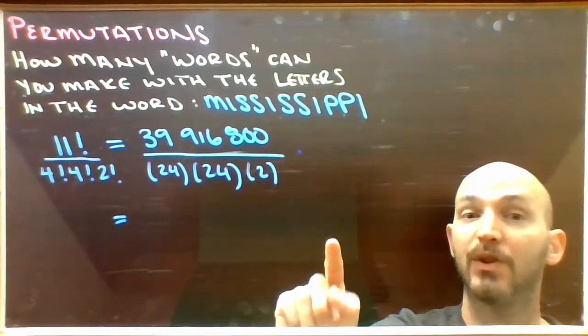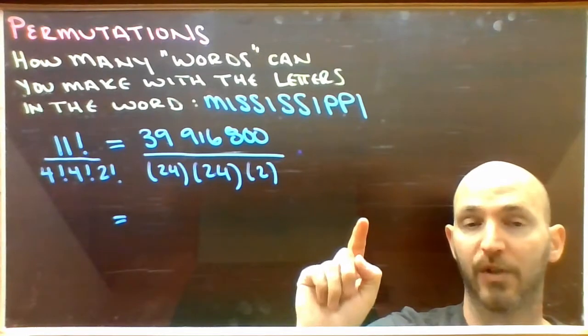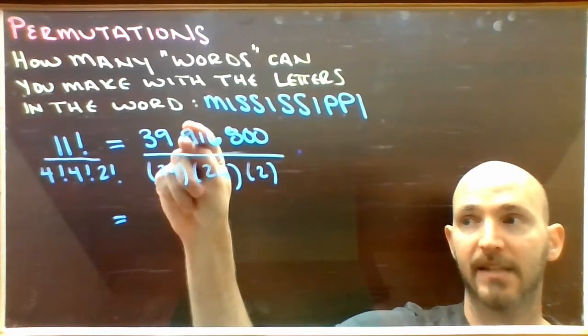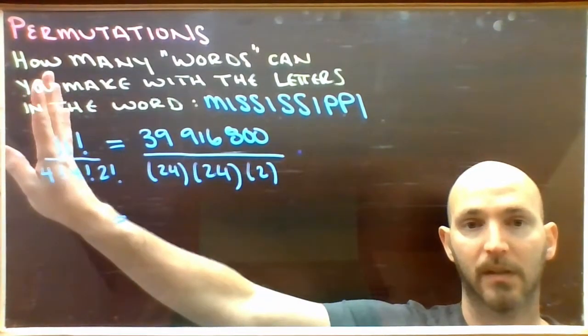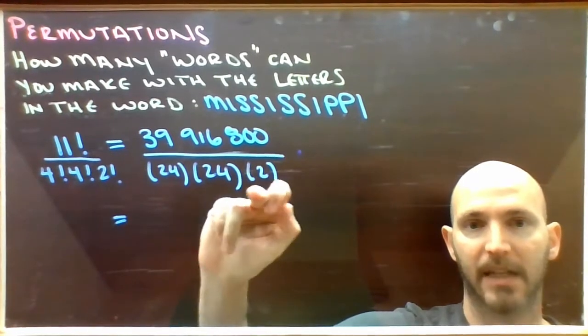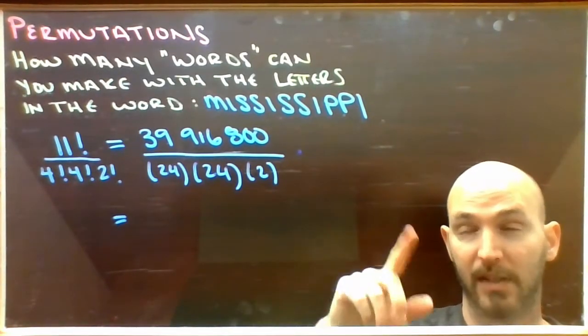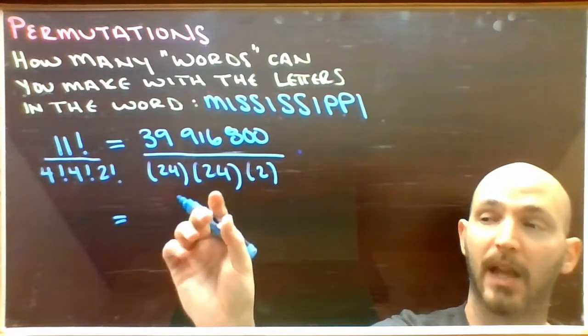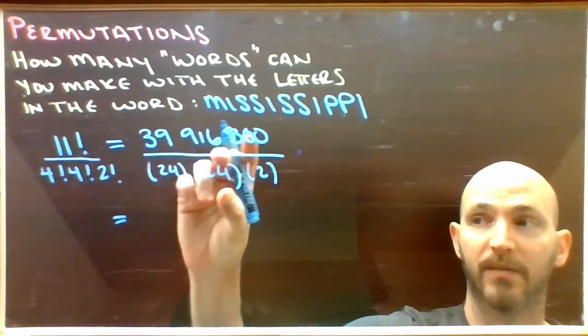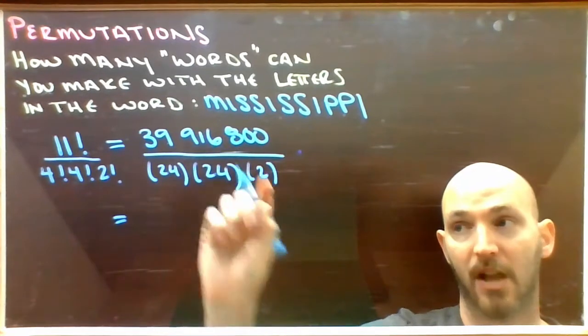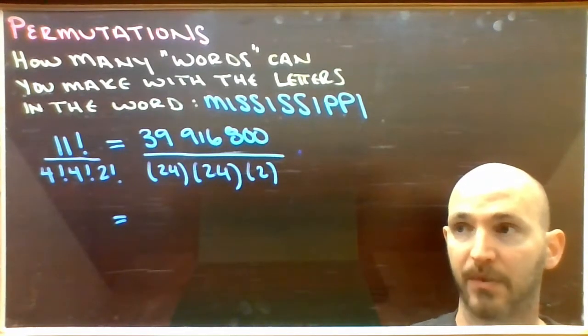But if you do that, what your calculator will hear is this divided by this, and instead of dividing by these two numbers, it will multiply them. So you got to watch that. I would highly recommend you do all of this multiplication in the denominator first, so that that doesn't happen to you.